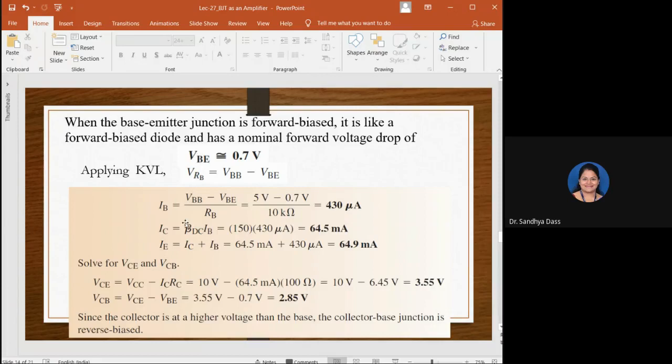So this initial part is where you will get stuck. If you are familiar with this, you can proceed with the further steps. But you should know how to apply VBE, how to apply KVL, and find the different parameters. And that is what I observed even in the answer scripts. Many of you are still not familiar with KVL.